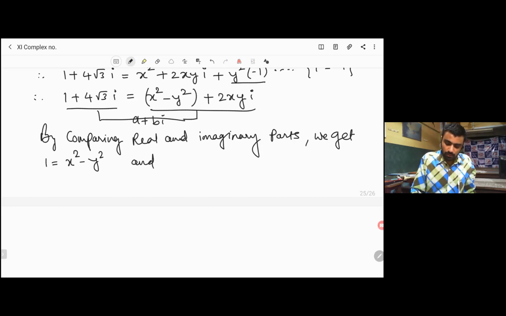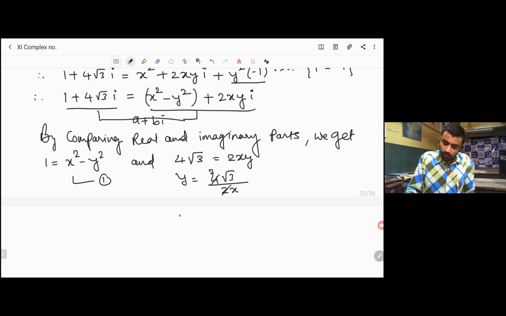This is equation number 1. Comparing the imaginary part, 4 root 3 is equal to 2xy. From this take the value of y: y becomes 4 root 3 upon 2x, where the 2 will be cancelled. Therefore y becomes 2 root 3 upon x.